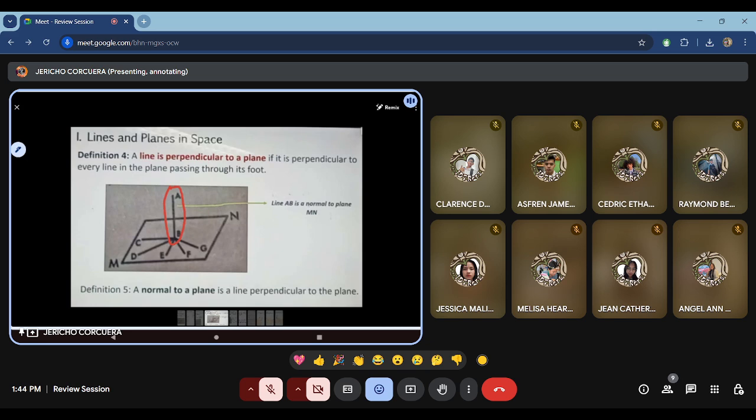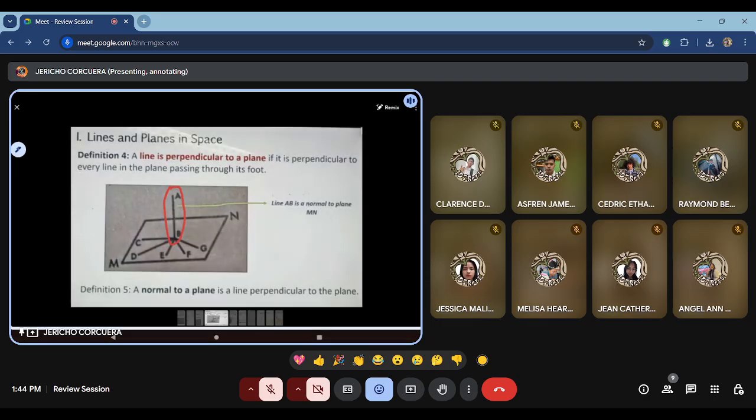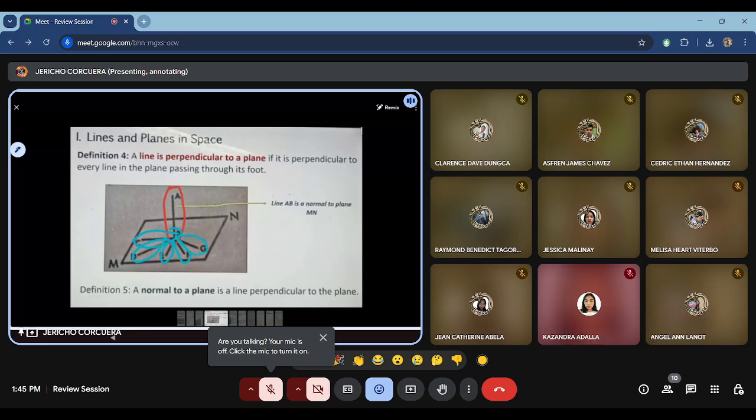And then, the definition 4, we have a lot of lines here. We have line CB, line DB, EB, FB, and GB. That is all on the same plane, which is plane MN. So, that is a perpendicular to a plane, kasi it is perpendicular to every line in the plane passing through its foot.